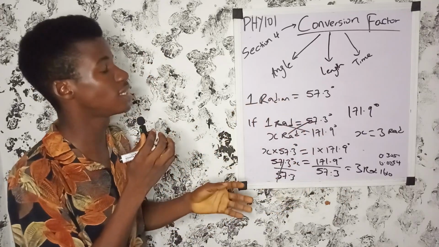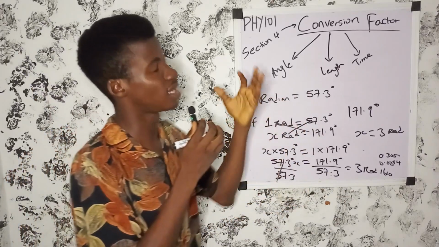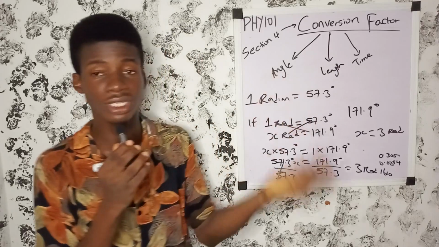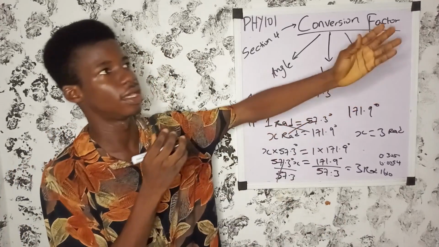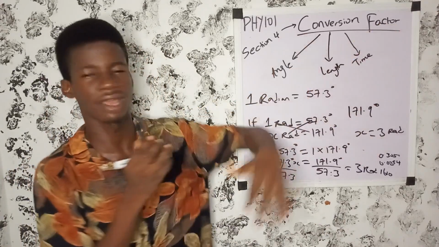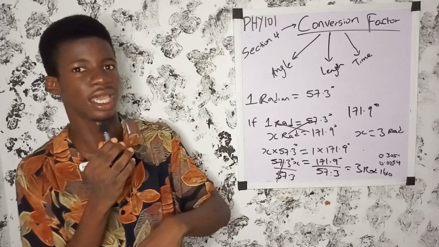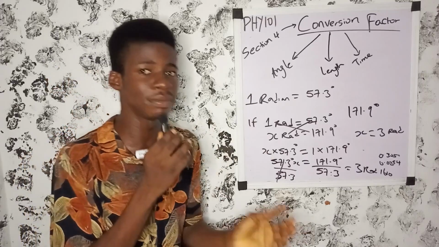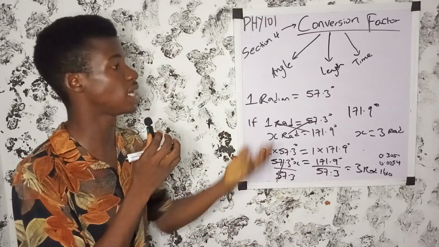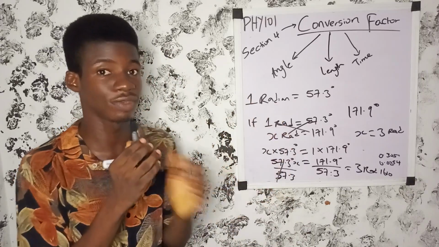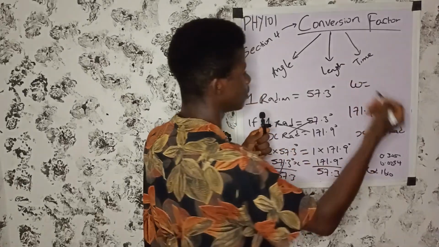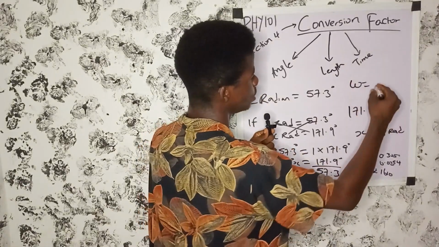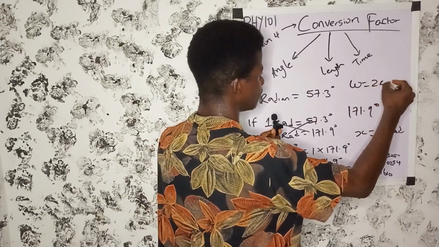For example, in rotational motion, they say calculate the angular velocity. If you look at the parameters given in the question, maybe the angular velocity is given as 2 rad, for example.